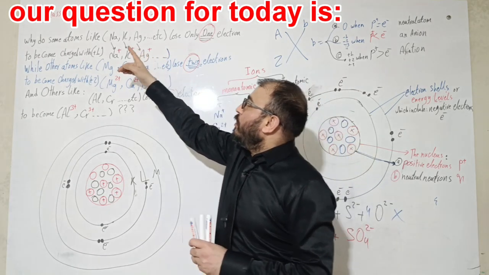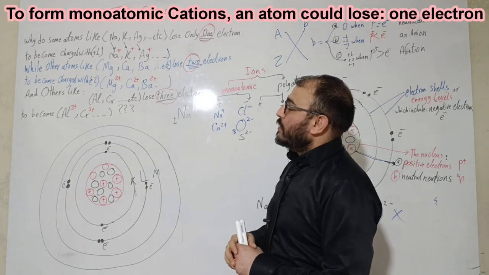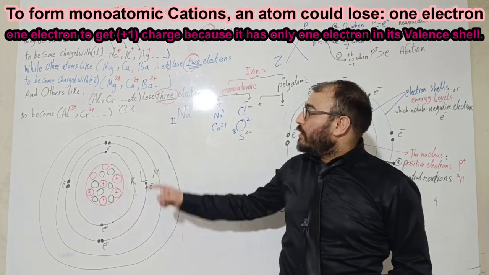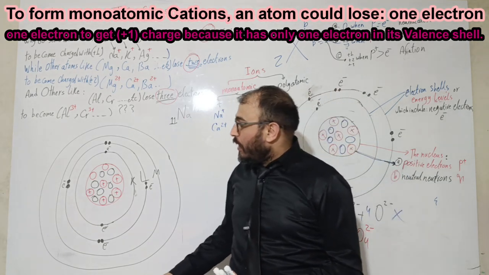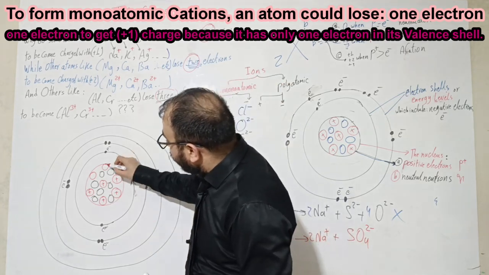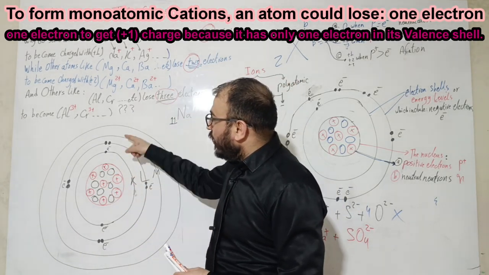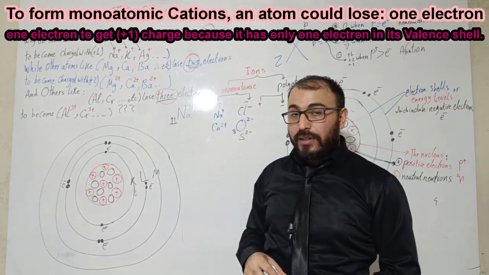Now let's take sodium, potassium, and silver to discuss this matter. We all know that sodium has the atomic number 11, which means there are 11 positive protons inside its nucleus and 11 electrons in the electronic shells.